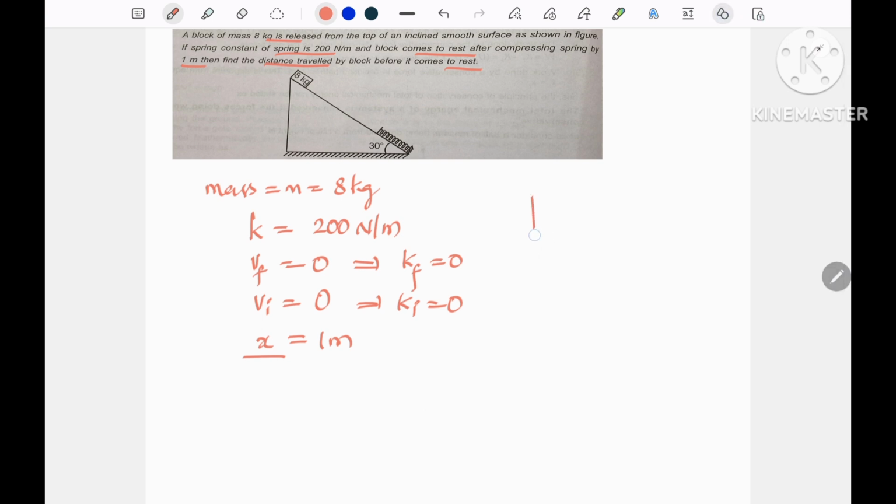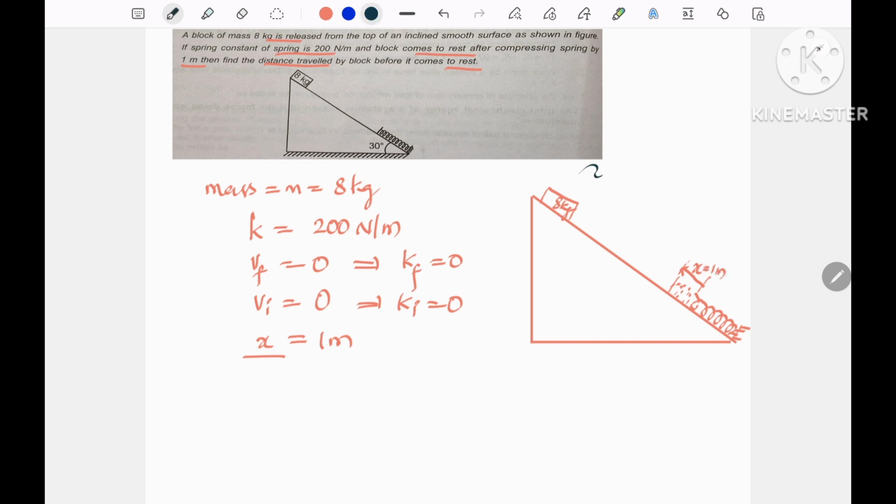Here is the block now, the 8 kg block. If it is compressed this much, this is the compression in the spring, that is x equal to 1 meter.